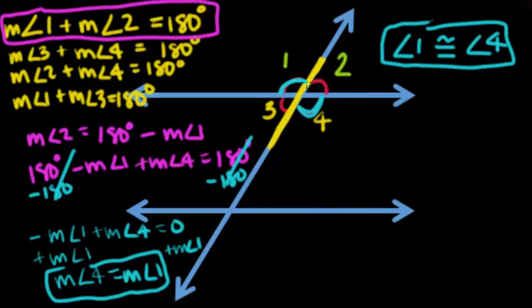And likewise, if you do the math, try and solve this on your own, you can also see that angles 2 and 3 are the same. So angles 2 and 3 are congruent. So we can have a general rule that vertical angles are always going to be congruent to each other. Vertical angles are congruent.